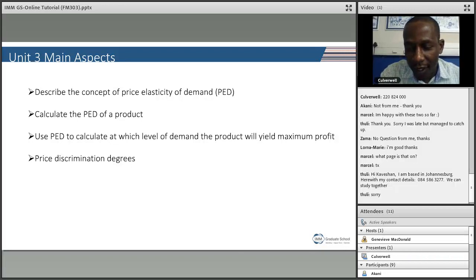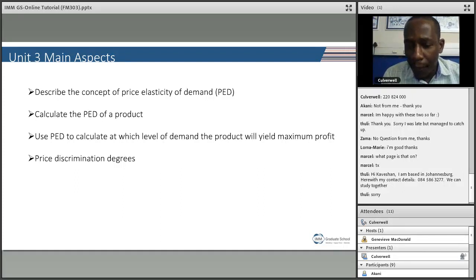When you divide, don't bring the percentage on your answer, and also don't bring the negative on the answer, because the negative will come as a result of the interpretation that there's a negative relationship between quantity demanded and increase in prices. So it should be an absolute figure, 1.05, 0.03, isn't it?